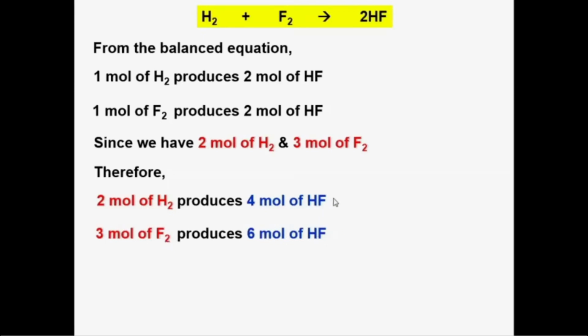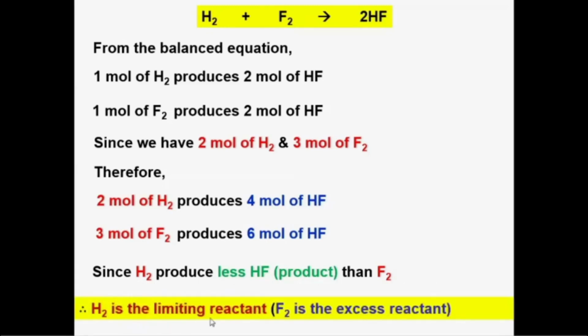By comparing these two, we can clearly see that hydrogen produces less HF, less hydrogen fluoride, less product compared to fluorine. So in this case, since hydrogen produces less product than fluorine, hydrogen is the limiting reactant while fluorine is the excess reactant.